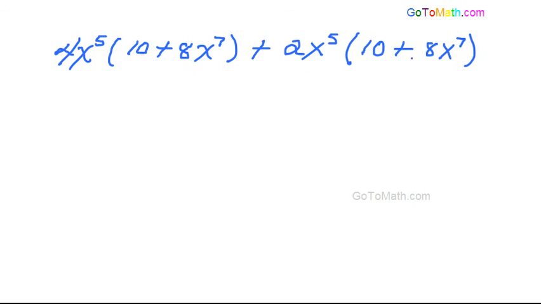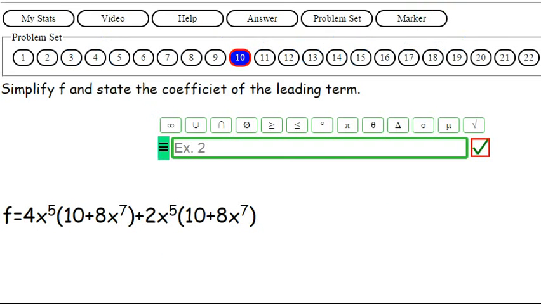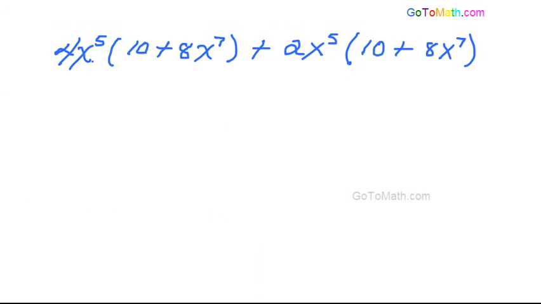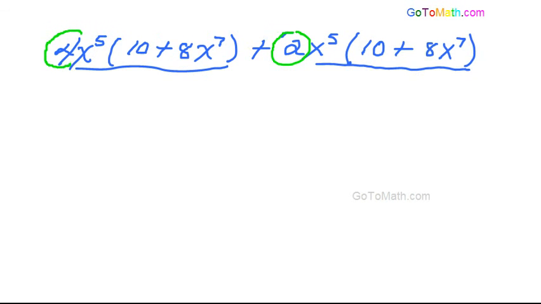Okay, so both of these are the same. 4x to the 5th and 2x to the 5th. As you can see here, both of these terms are the same, except their coefficients are different.